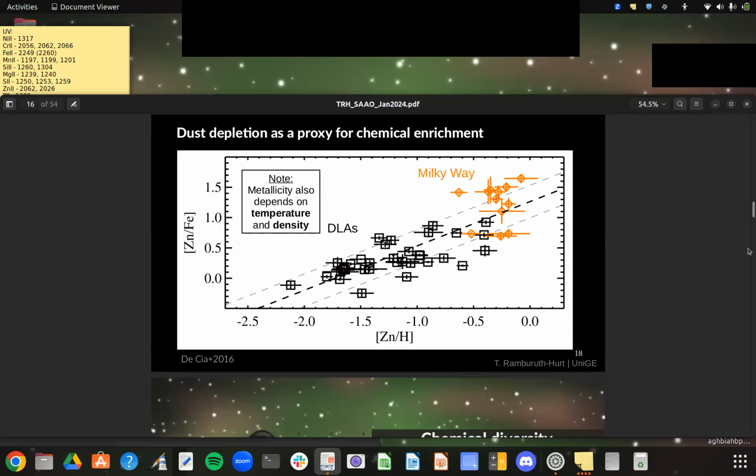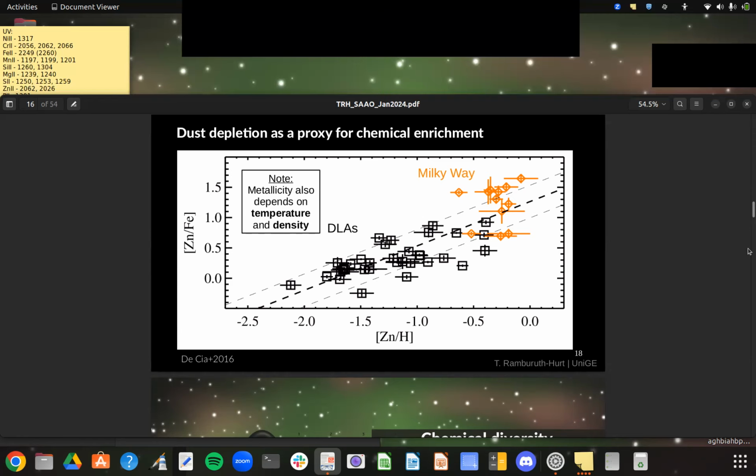So dust depletion can be used as a proxy for chemical enrichment if we have a very wide range of metallicities. This is a figure that I'm showing from Chia 2016, where we have on the x-axis the metallicity in terms of zinc, and on the y-axis a measure of the dust depletion.